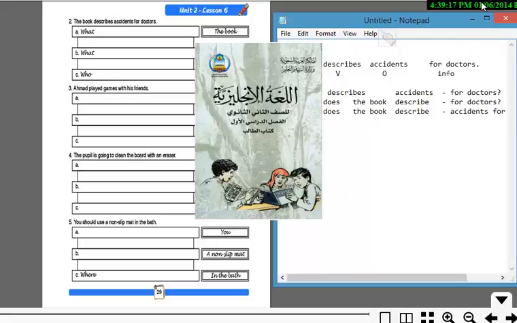Now let's move on to the next sentence, which is 3. Ahmed played games with his friends. Alright, so I'm going to say Ahmed is the subject and played is the verb, games is the object, and with his friends is the part of the information.